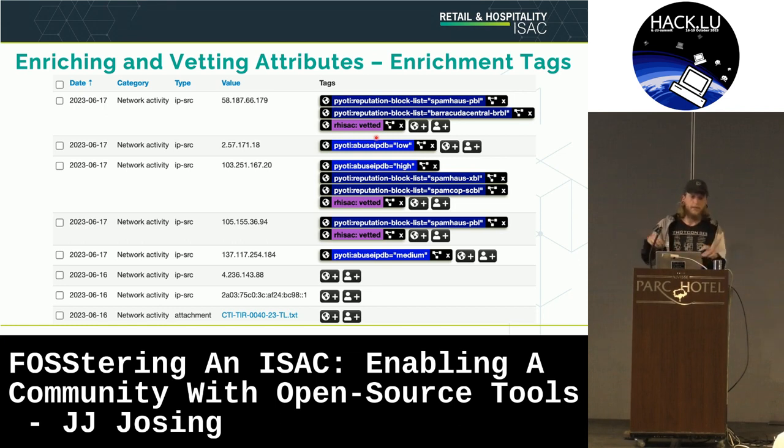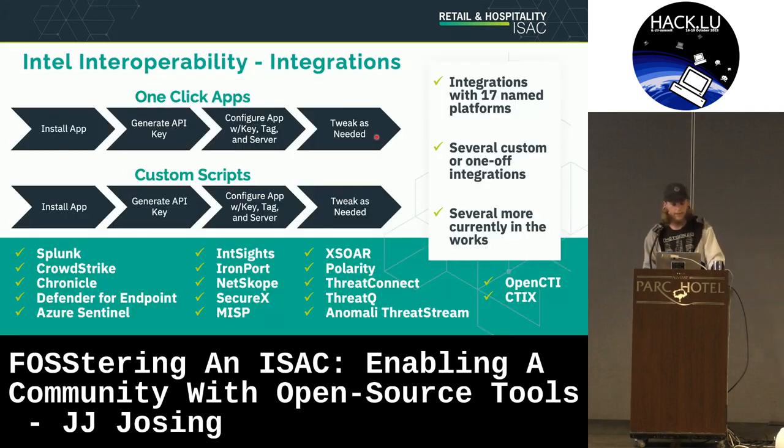It's not a feed in the MISP feed sense, but they'll do a search: vetted ISAC vetted indicators for the last 24 hours, and pull anything based on the indicator type. Maybe they're sending file hashes to their endpoint tools to do alerting or blocking on. Maybe they're sending other stuff to their SIEM tools. There are a lot of possibilities and a lot of ways in which they have that set up.